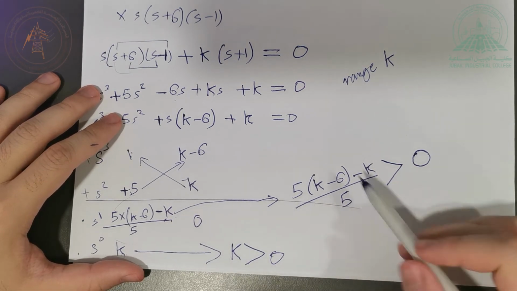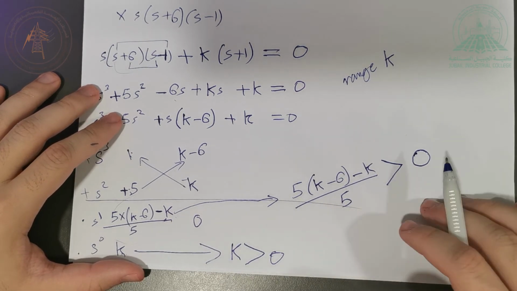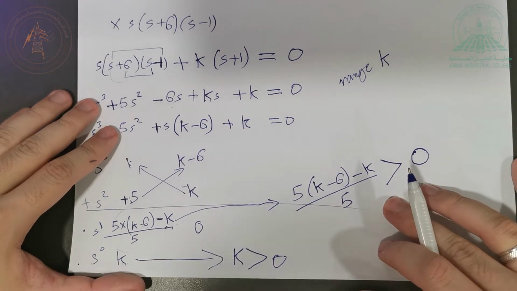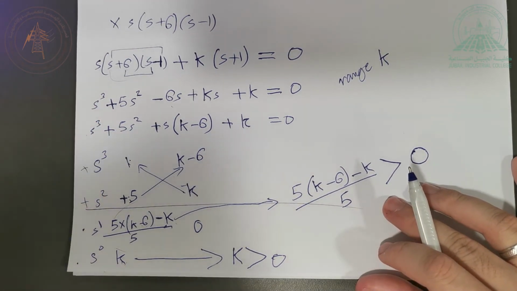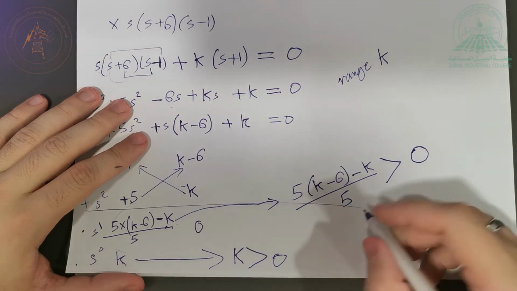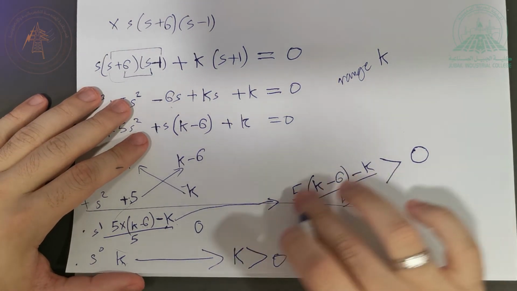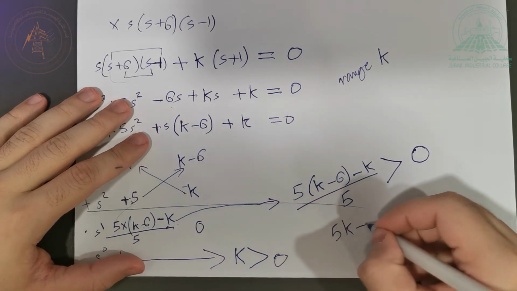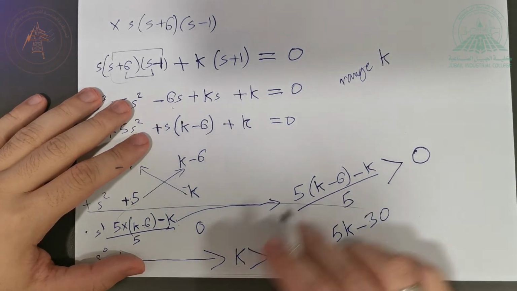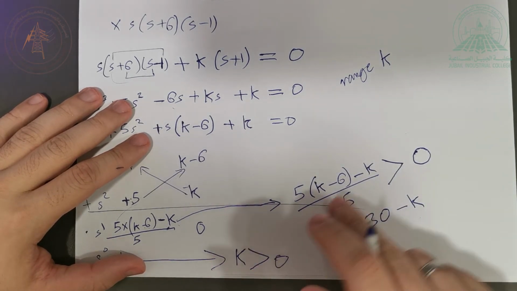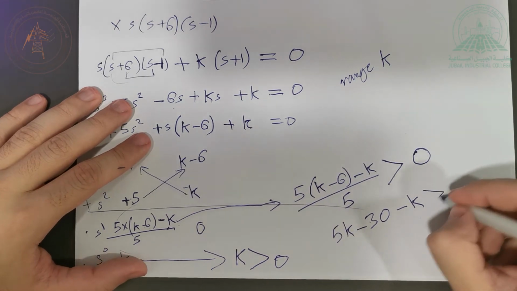I don't have to worry about the 5, so I can just ignore it, or multiply both sides by 5 and the 5 is cancelled. This is called an inequality, guys. So I need to solve this inequality. What do I do? Multiply both sides by 5. So what do I get? I can insert the 5 into the parentheses, so I get 5k minus 30, and here I have k outside, minus k. And the 5 I can just ignore. Greater than 0.